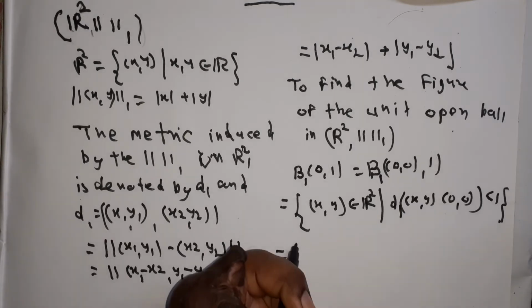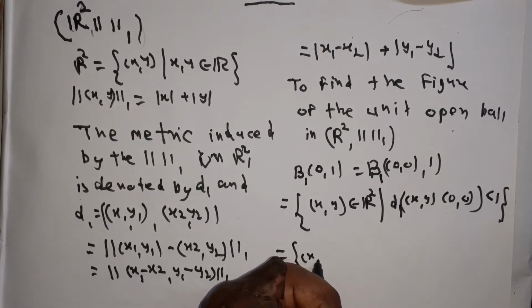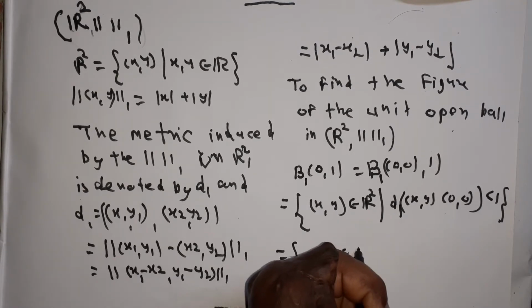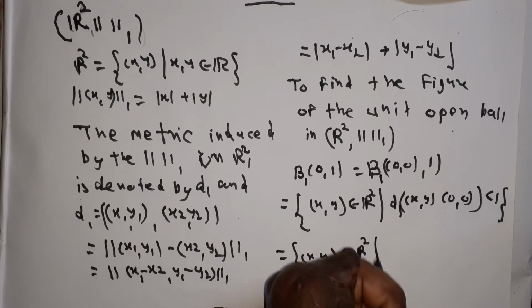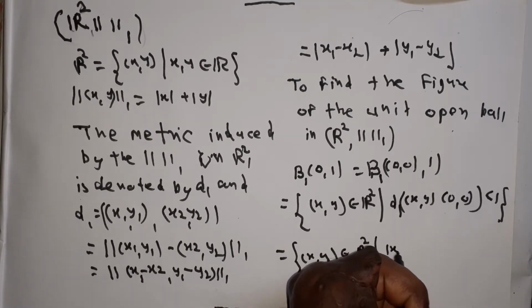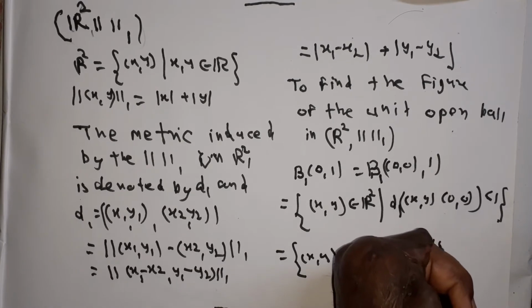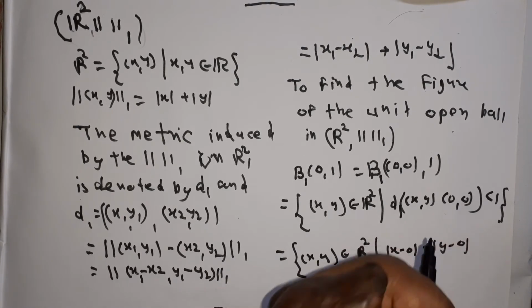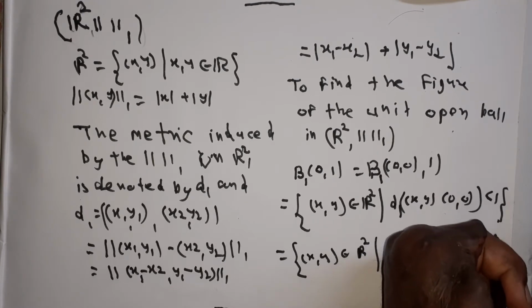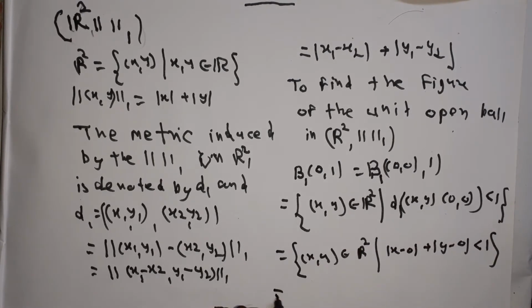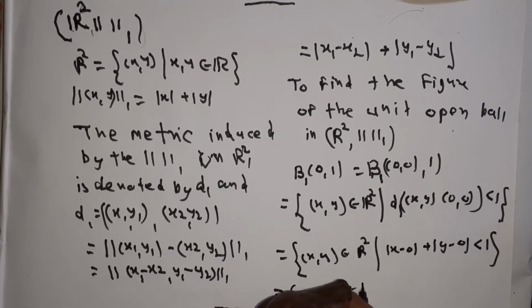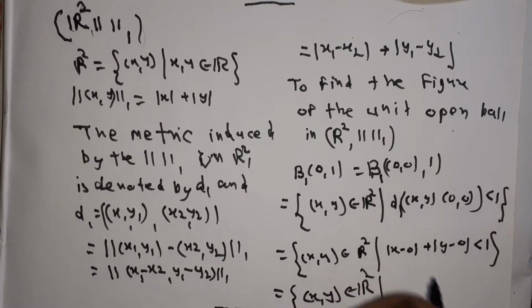This is the set of x comma y belonging to R2 such that mod of x minus 0 plus mod of y minus 0 is less than 1, which is equal to the set of x comma y belonging to R2 such that mod of x plus mod of y is less than 1.